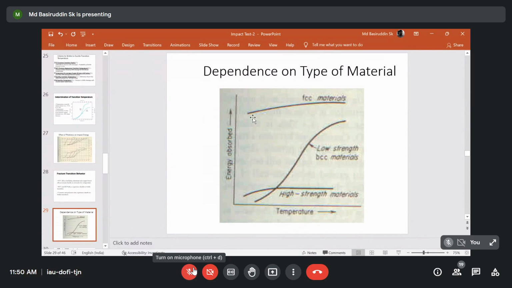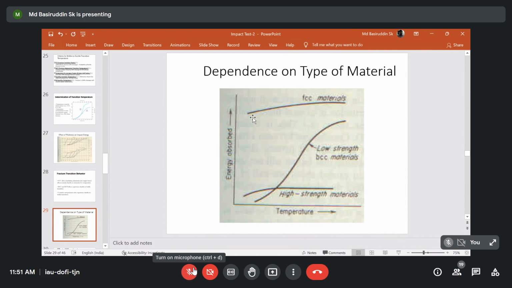If you have any interest to go into details, you may study slip planes, slip directions, close pack slip planes, and close pack slip directions. You can study that.